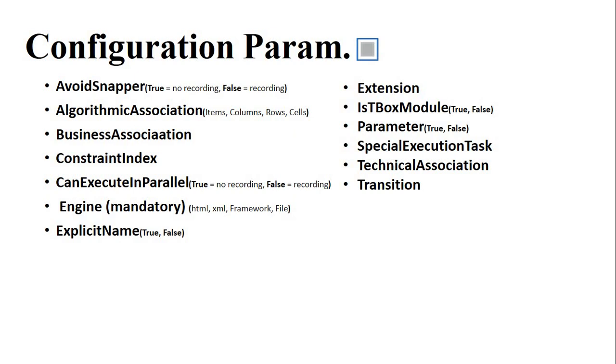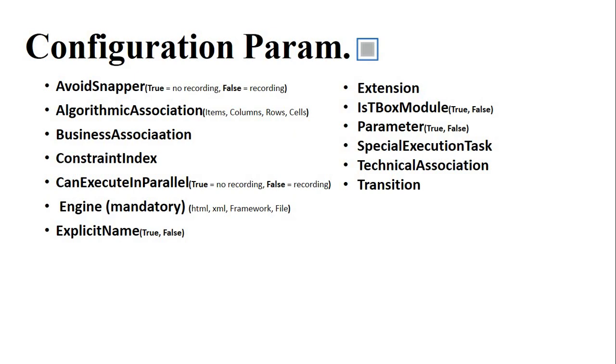When you select its value for the recording, the DocuSnapper goes and records your execution step by step, and it will create the test evidence for your execution. These test evidence are screenshots of your module execution. If you set its value to true, then no recording is going on, and no test evidence will be created.